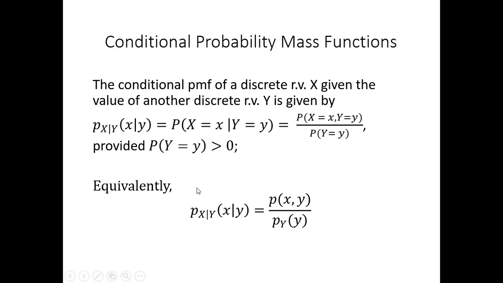I like to remember this fact in this form: the conditional PMF is equal to the joint probability function divided by the marginal. So I have the joint of x and y divided by the marginal of what we are given.